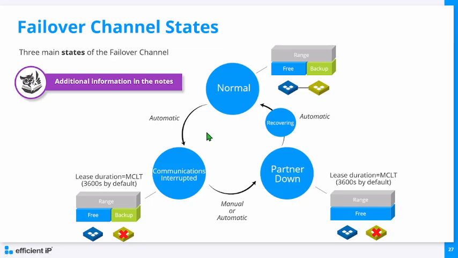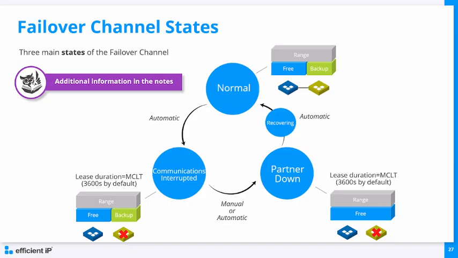Because if you don't go to partner down, the IP addresses offered by the surviving DHCP server might run out, because they only have half the IP addresses to offer during communication interrupt. So it's only when it's partner down that the surviving DHCP server will own the full range of IP addresses and offer from the full range.